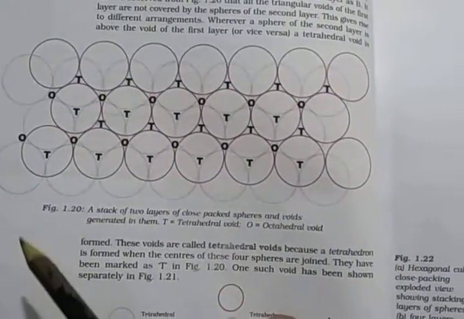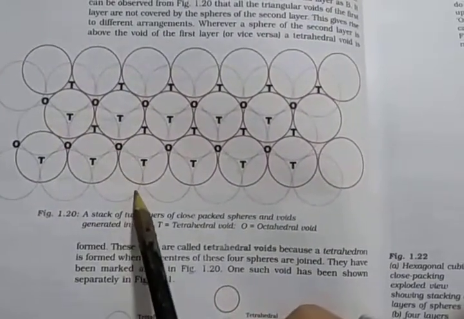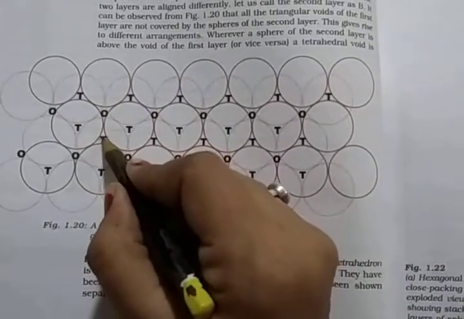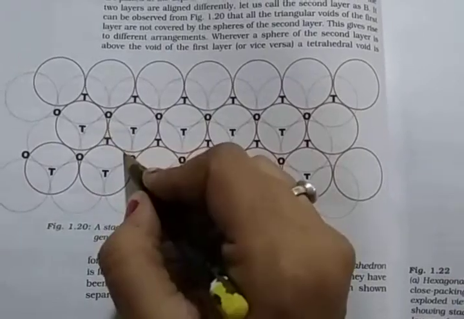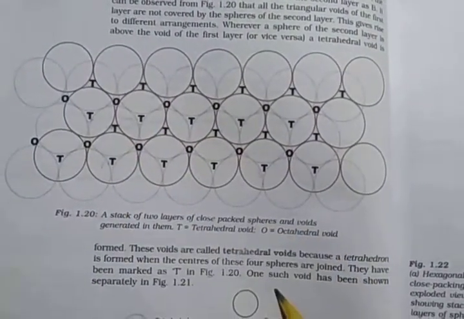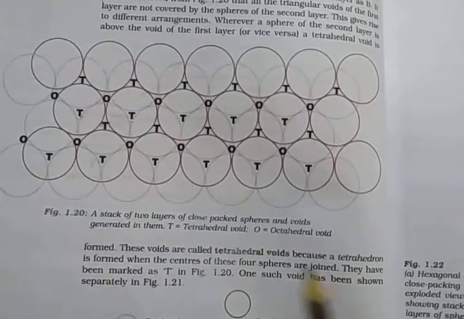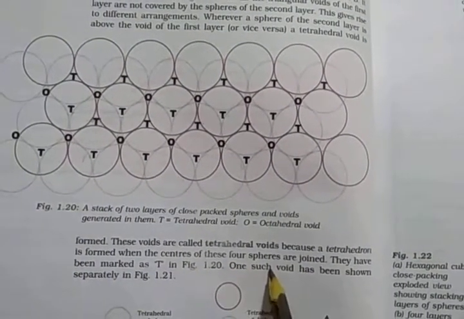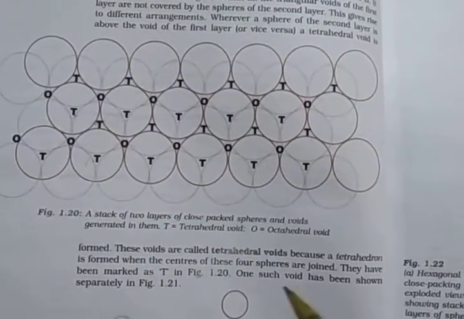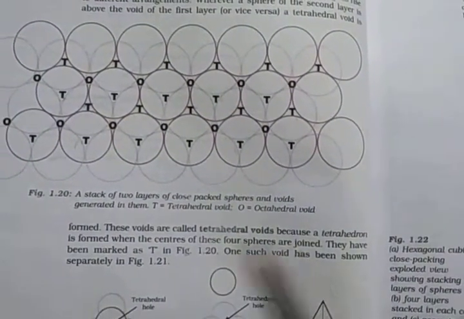These voids are called tetrahedral voids because a tetrahedron is formed. Here you see, this is the T, 3 spheres. When the centers of these 4 spheres are joined, one such void has been shown separately.